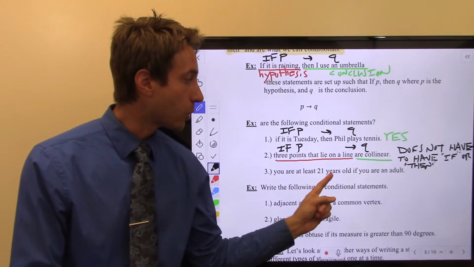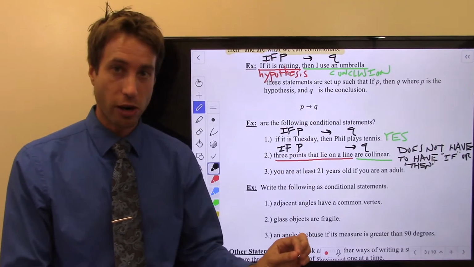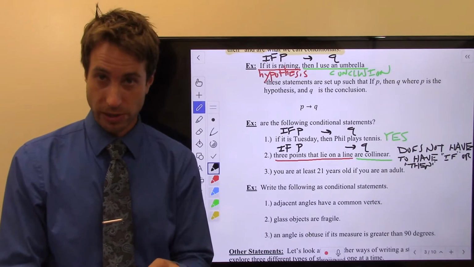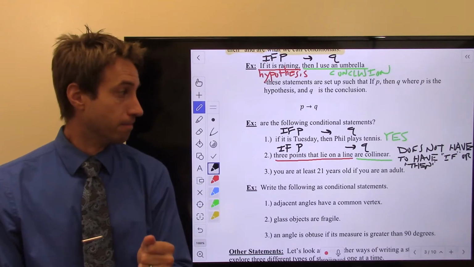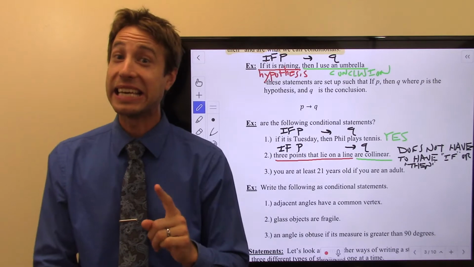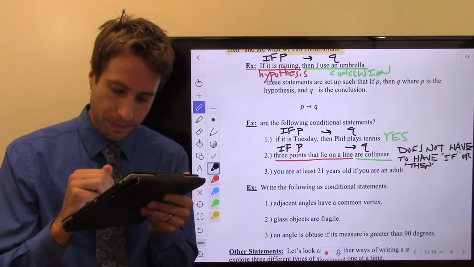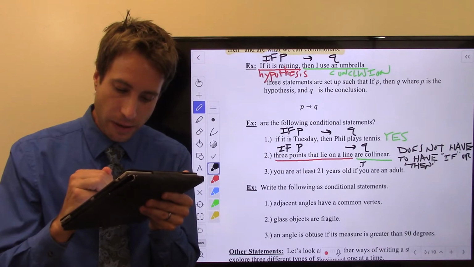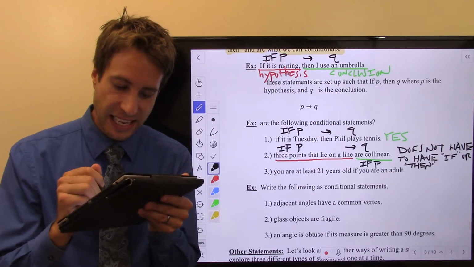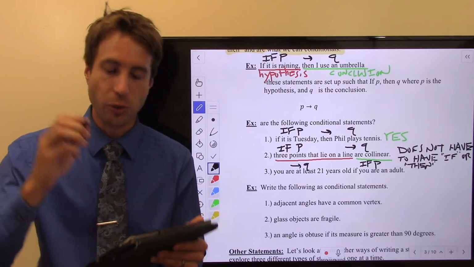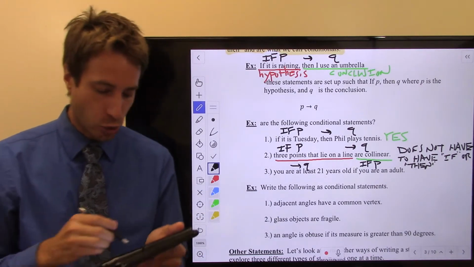The last one. You are at least 21 years old if you are an adult. Conditional statement? Actually, yes. Something else to watch out for here. If you are an adult, that's if P, then Q, then you are at least 21 years old.